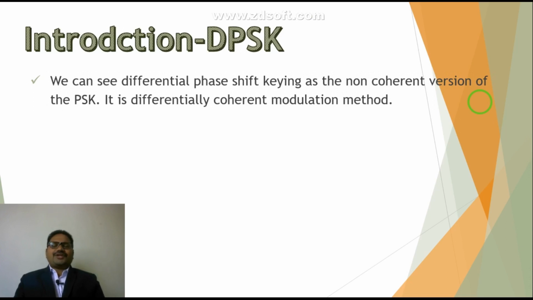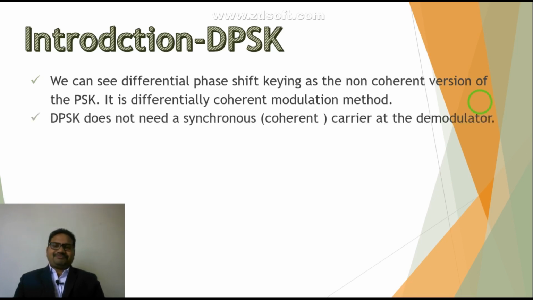In the previous lecture, we saw the coherent detection of BPSK. Today we are going to see the non-coherent version of BPSK, which is also called DPSK, that is differential phase shift keying. So it is a differentially coherent modulation method.